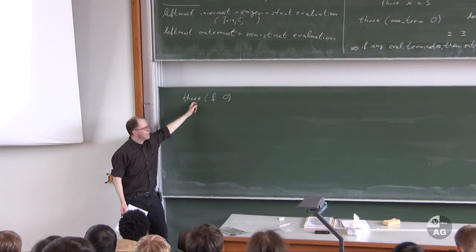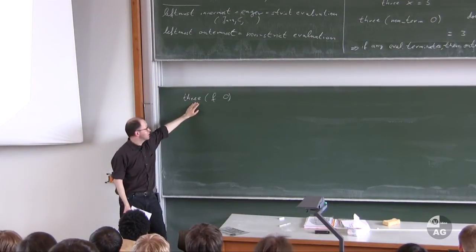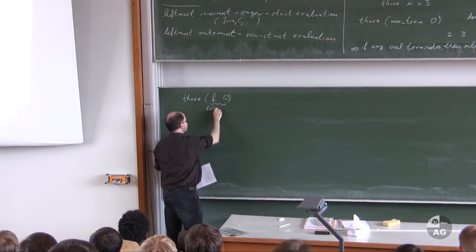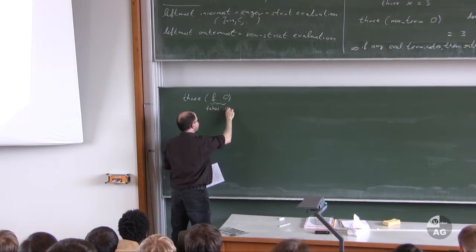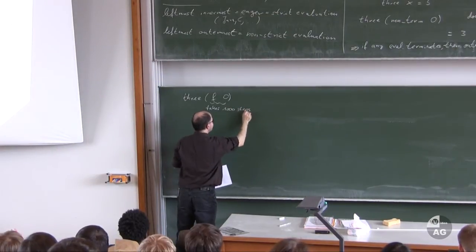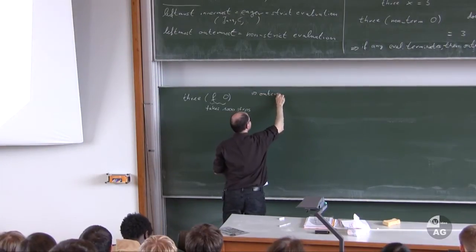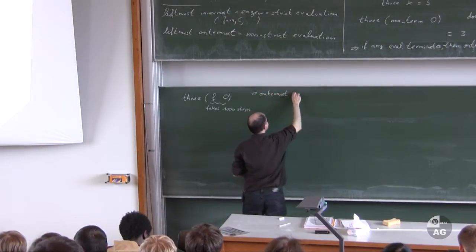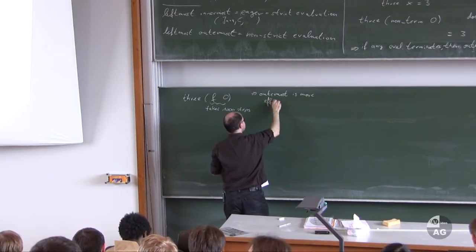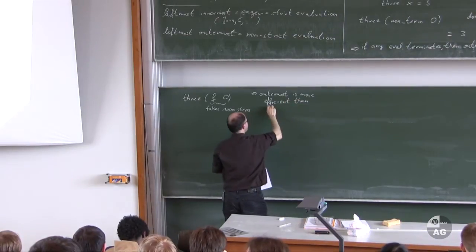So it's a bit smarter to evaluate 3 first, because then you need 1 evaluation step and you have the result immediately. So let's say this takes, I don't know, thousands of evaluation steps. Okay, this should be faster than a year. And then outermost is clearly more efficient than innermost.